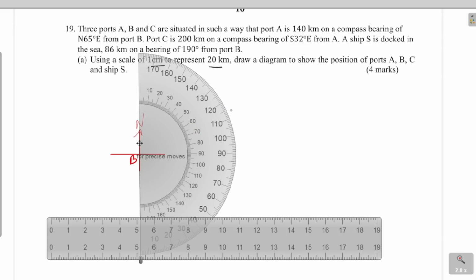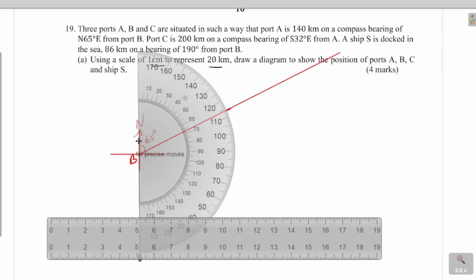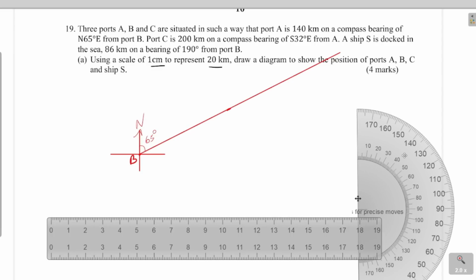So you can mark 65 here. Using a straight line from that point, that is 65. Let me confirm this angle. Yes, it is indeed 65.